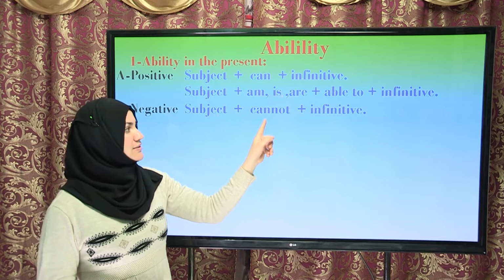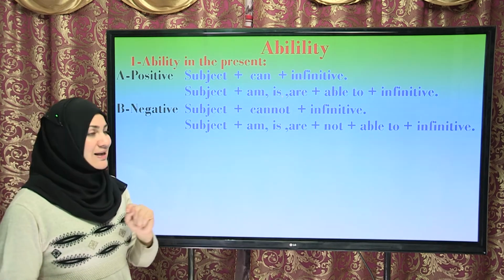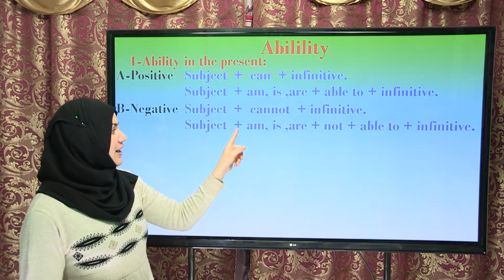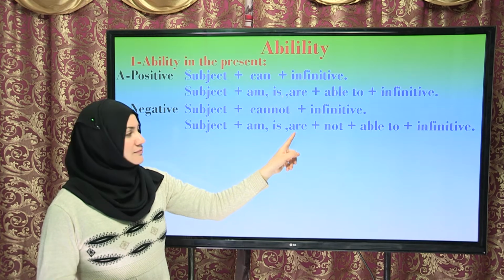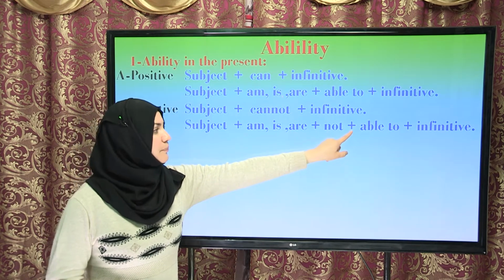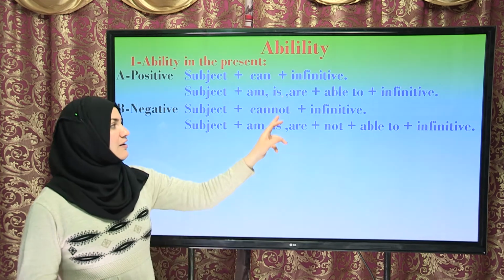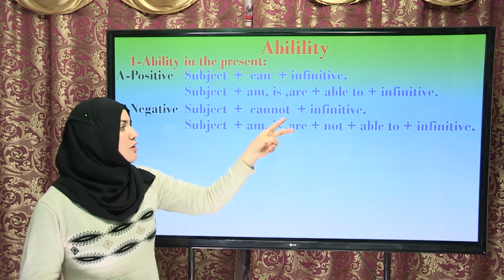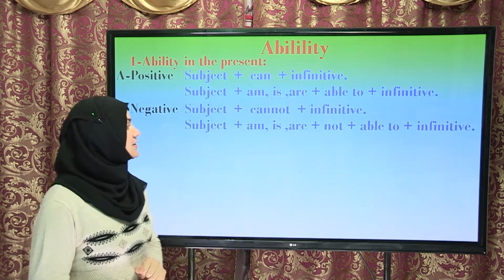Or we can say subject plus am, is, are, not, plus able to plus infinitive. They have the same meaning. Both verbs express ability in the present.